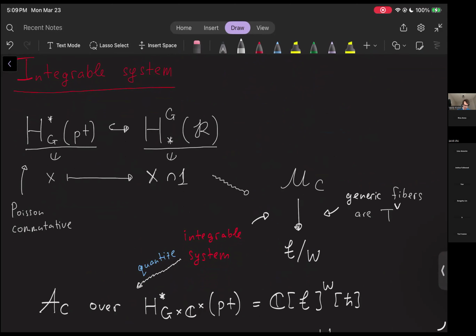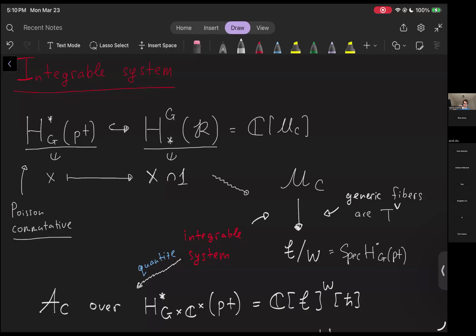This gives us a Poisson commutative subalgebra inside the Coulomb branch algebra. At the level of varieties, we get a map from the Coulomb branch to T mod W, the spectrum of this equivariant cohomology.